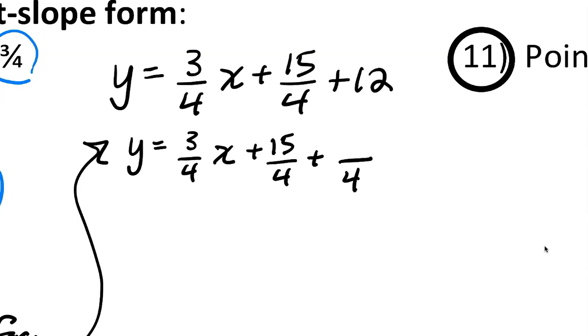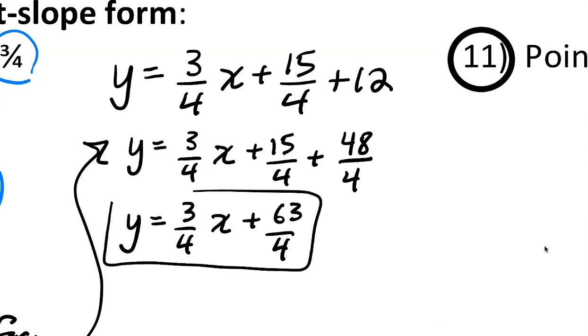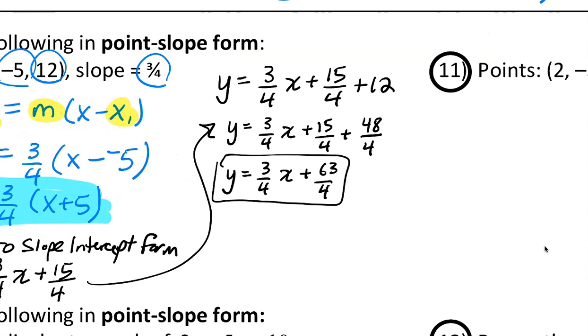What fraction is equivalent to something over 4 to get 12? Well, I think that would be 48 over 4. 48 over 4 is 12. So then our answer would be y equals 3/4 x plus 15 plus 48, 63/4. That would be our answer in slope-intercept form.